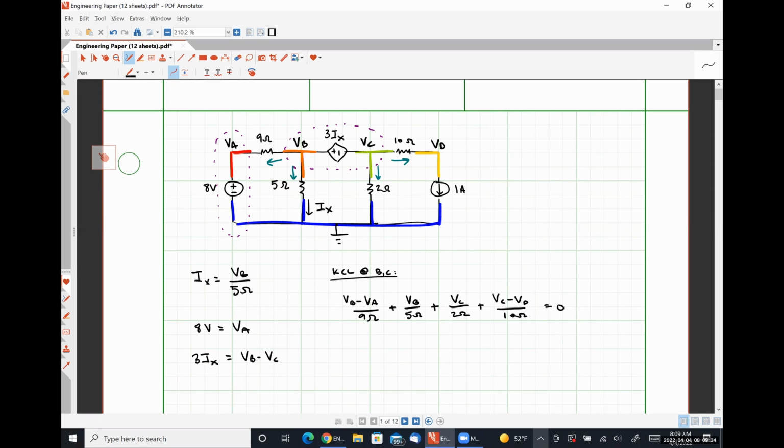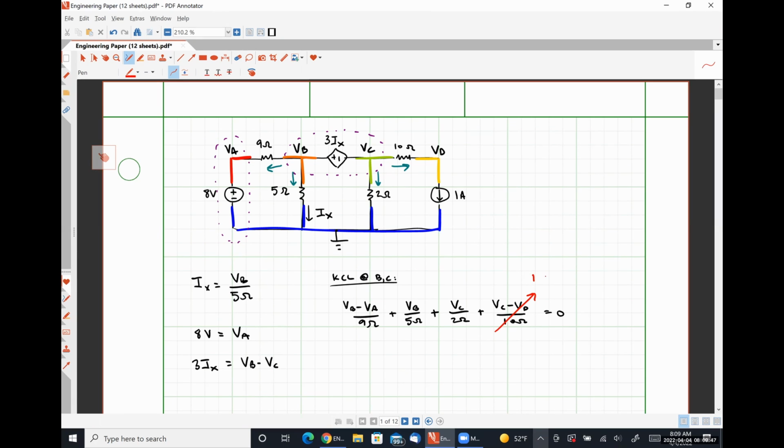All right. One thing that we could potentially do here to simplify this significantly is to call this contribution right here 1 amp and not do KCL at node D, because it's obvious that 1 amp of current is flowing through that 10 ohm resistor, because that 10 ohm resistor is in series with the 1 amp source, which would give us a 3 equation, 3 unknown system.